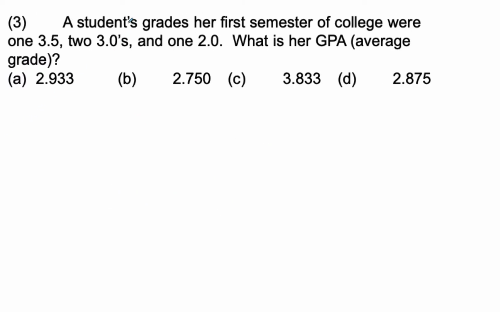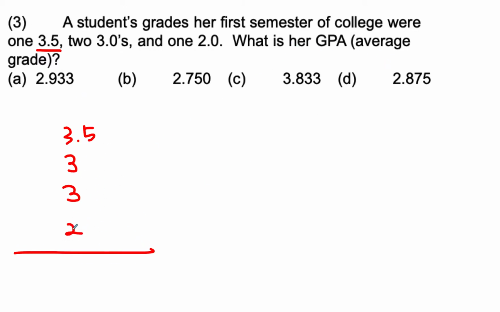Number 3, a student's grades in the first semester were 3.5, two 3s, and a 2. What is the GPA? That means we need to get the average of these.